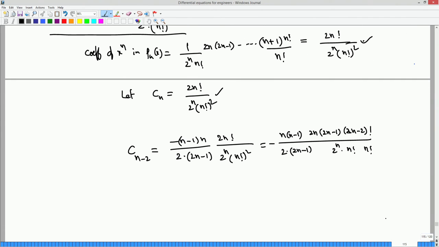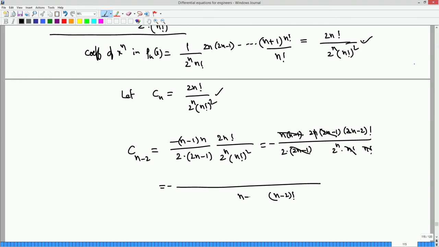So, n into n minus 1, if you remove the denominator, this n factorial becomes, if I cancel this here, what I am left with is n minus 2 factorial. And you have a 2n minus 1; 2n minus 1 goes, and here you cancel one n.